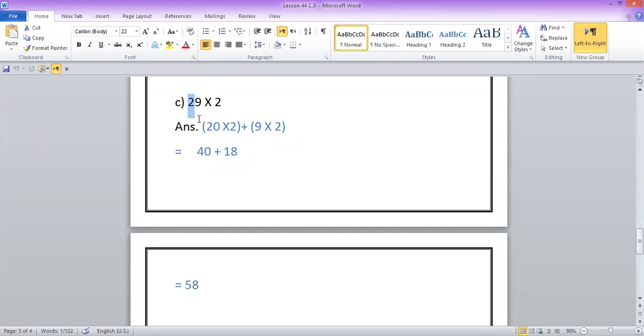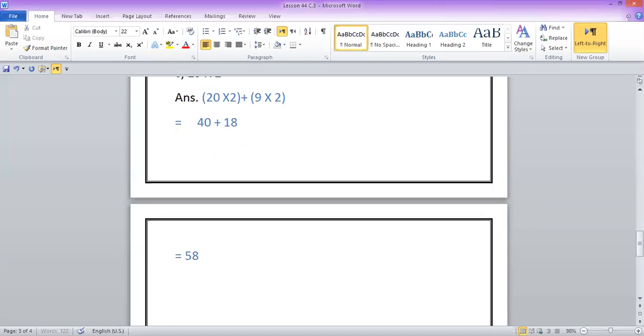If you remember, we practiced a lot for this in the first topic, that was hundreds, tens and ones, right? Then come to the second one. What is the value of this 9? The value of 9 is also 9, because 9 is at the ones place, so it doesn't change.